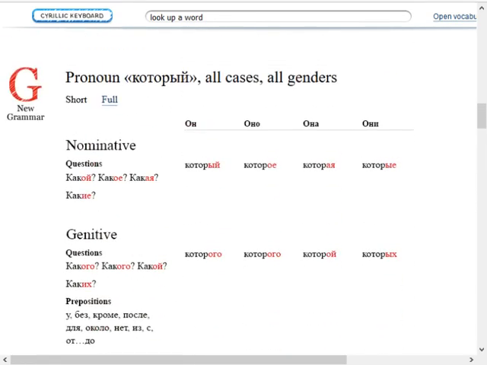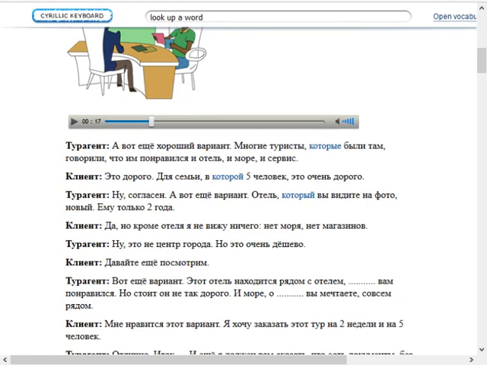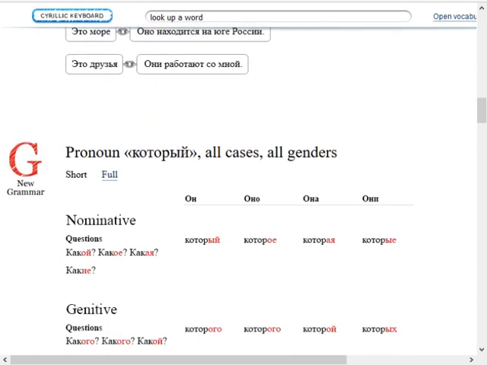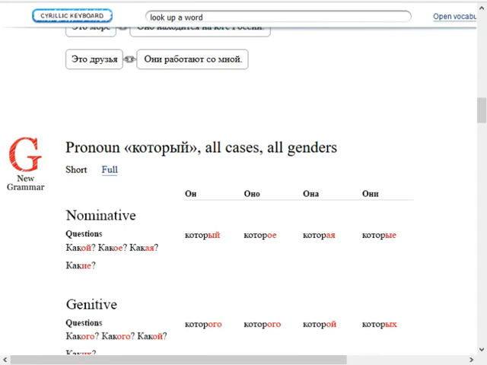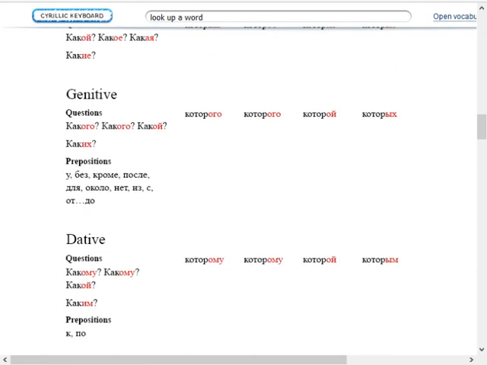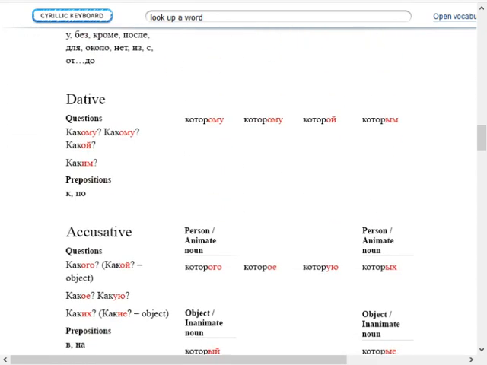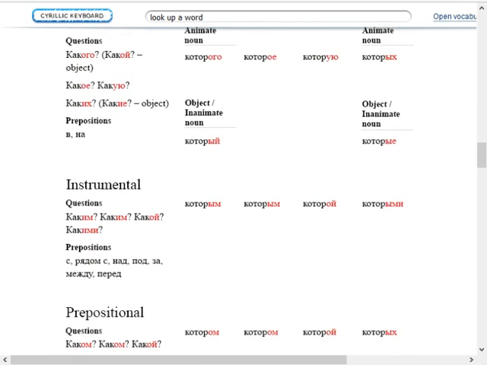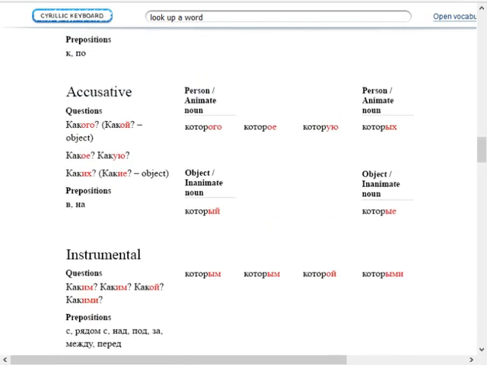What form is that? Obviously it could be nominative, masculine. Is there any other combination that has that form? Oh yeah, I think it's actually accusative.